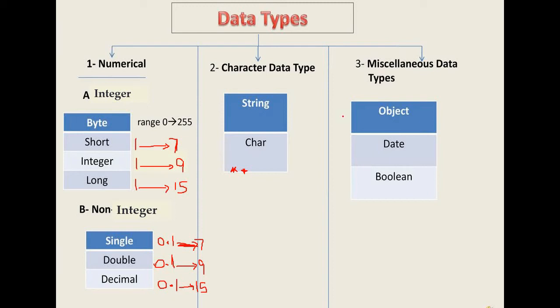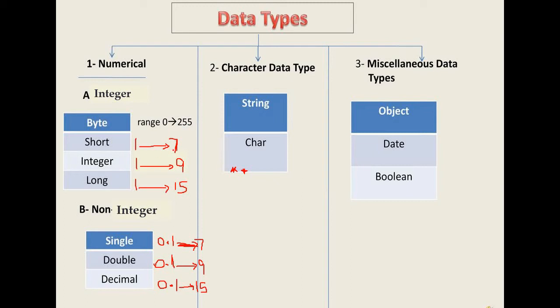So once again, let's take a look at the data types. Number 1 is numerical, number 2 is the character data type, and the third one is miscellaneous data types. Numerical consists of integer numbers, so they are all whole numbers, but they are different types. Like the byte, it has a maximum value till 255.